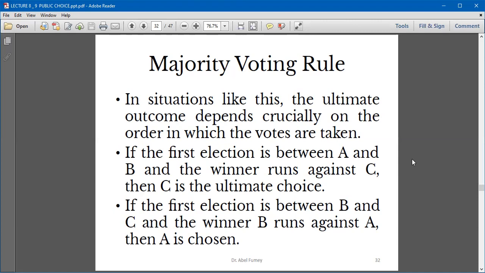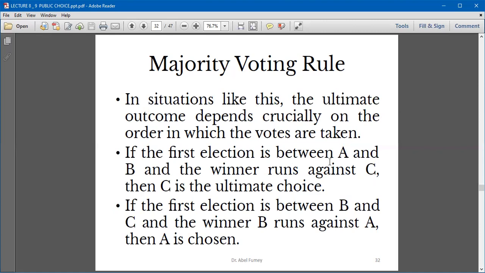We have to pay much attention to how we order the election. Let's see one order. Assume the first pairwise election is held between A and B. After that, we pick the winner, and the winner faces C. The option that wins there becomes the ultimate choice.